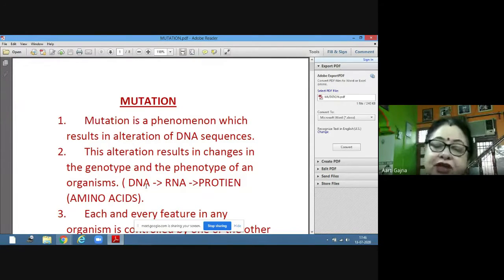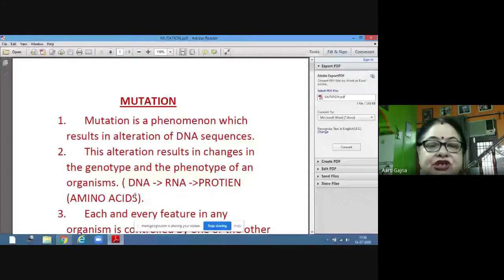So if there is any change in the DNA, that would result in the change in the RNA, that would result in the change in the protein, and ultimately the change in the protein is because of the change in the amino acids. So when there is change in the amino acids, a different kind of protein is formed, and because of this different kind of protein, the phenotypic trait would be different.